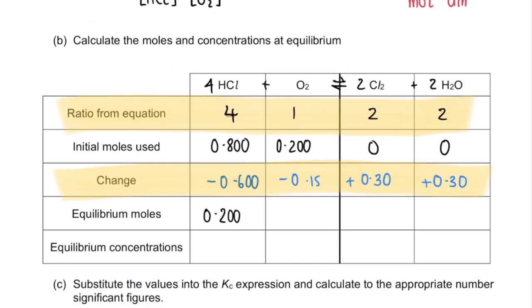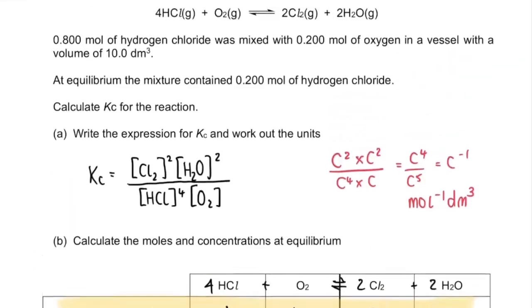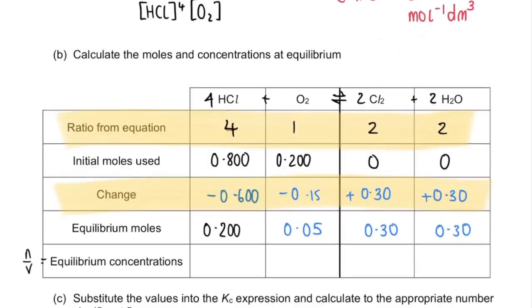So we apply that to the beginning bit and we get 0.05, 0.30, 0.30, and then we're going to find concentration by doing moles over volume, and our volume this time is actually 10 decimeters cubed, so we've got to divide by 10. So we can do that.